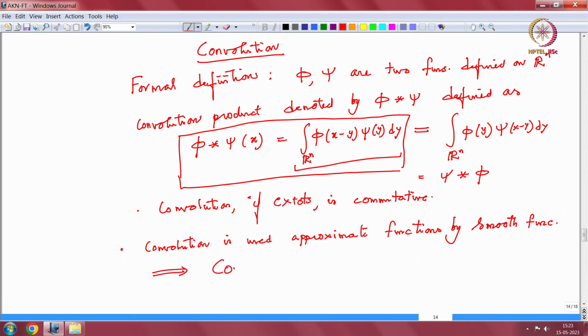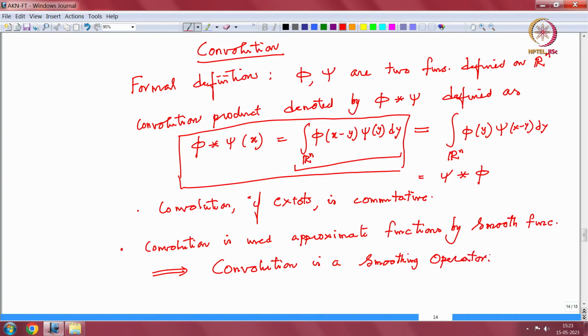You will see that one. That means you can convolve an irregular function and get a smooth one.